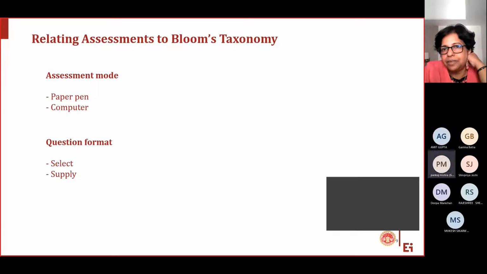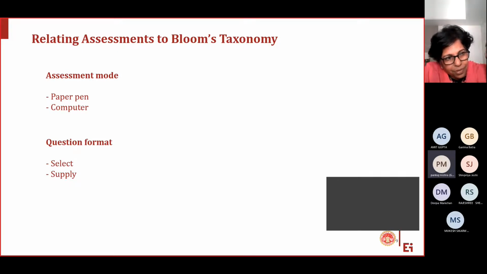Free response questions can be included in this category. Supply category means free response, open response. Excluding the four types of questions we include in the select category, all other types of questions can be included in the supply category.